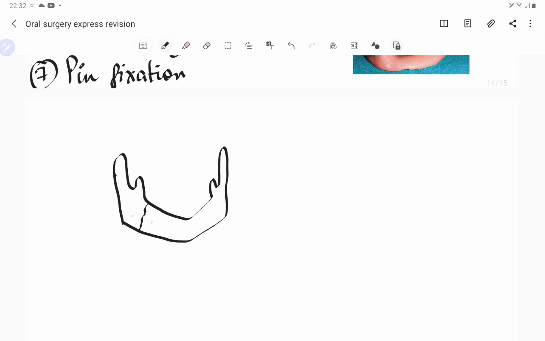But what if the person is having, say, a fracture like this and the fragments are displaced? Now say the fragments are displaced like this. So in this situation, we have to go for the open reduction. We are doing the surgery and then we are putting the plates or screws.